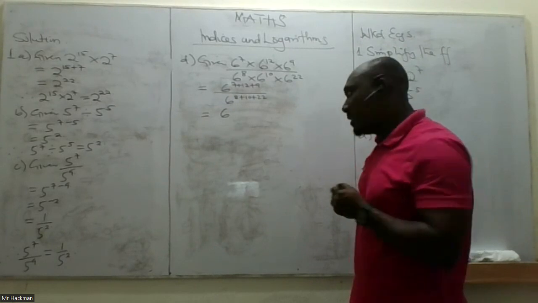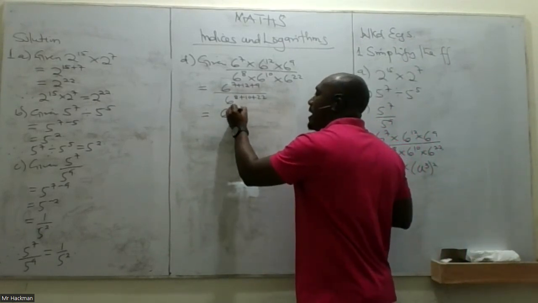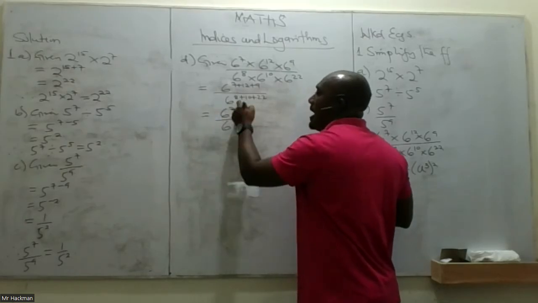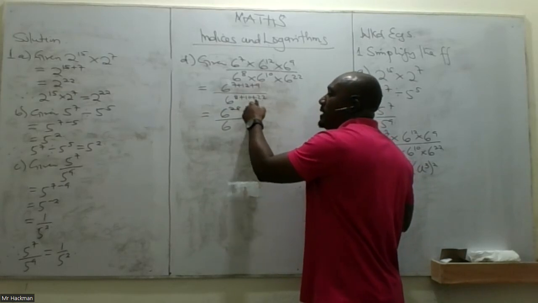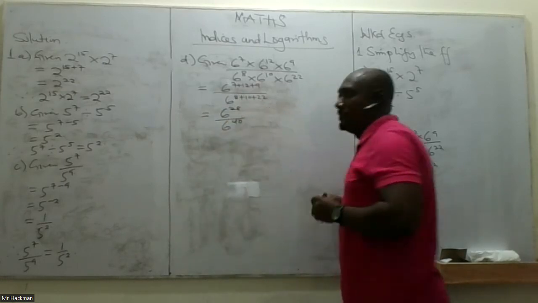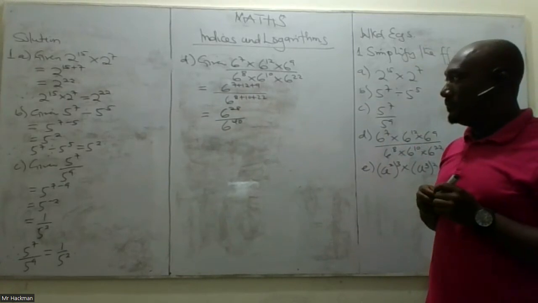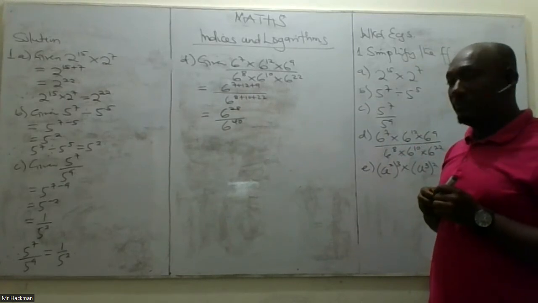Am I right? Okay, so 28. Then over your 6, now you are adding this. This plus this will give you 30, so I'm going to get 40. Am I right?